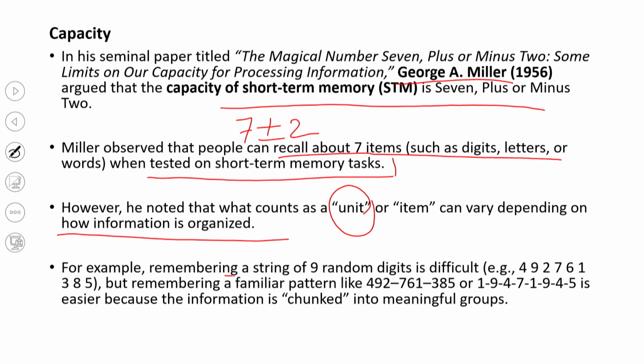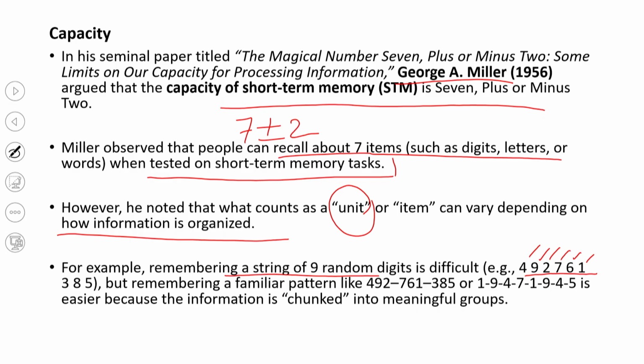For example, remembering a string of 9 random digits, say 4, 9, 2, 7, 6, 1, 3, 8, 5. If you are asked to remember these 9 digits, you can try to remember them individually, one by one, and then you have to remember 9 units.